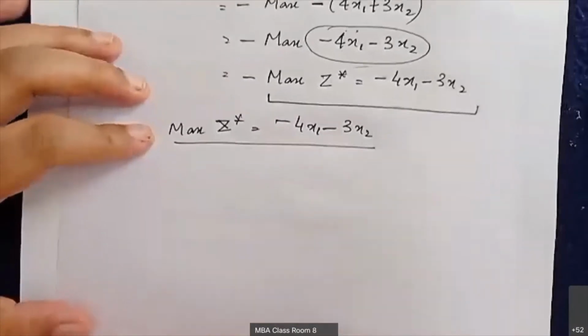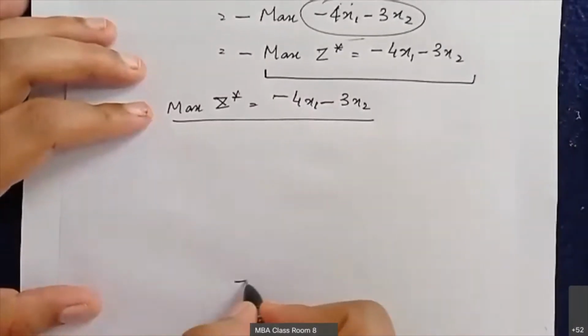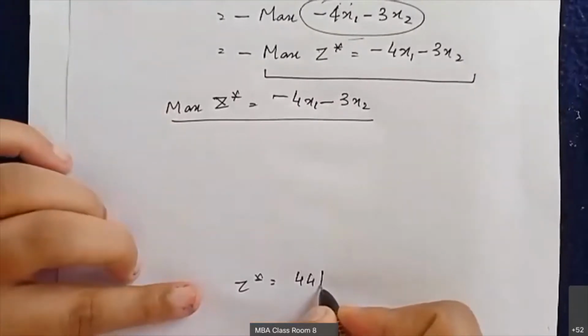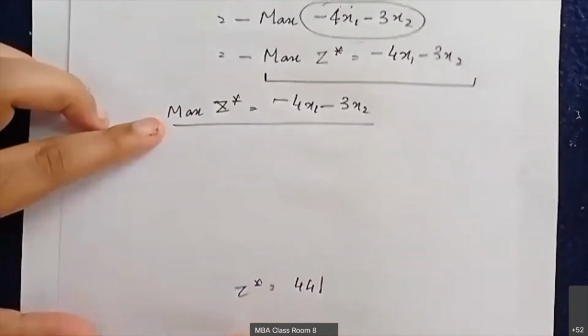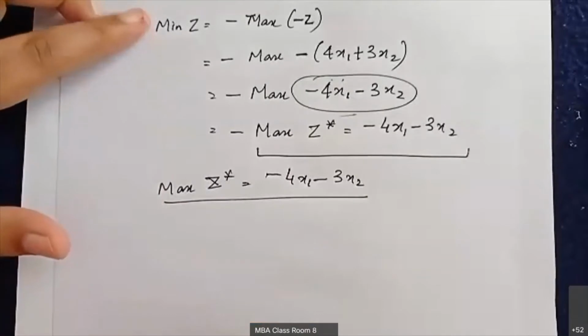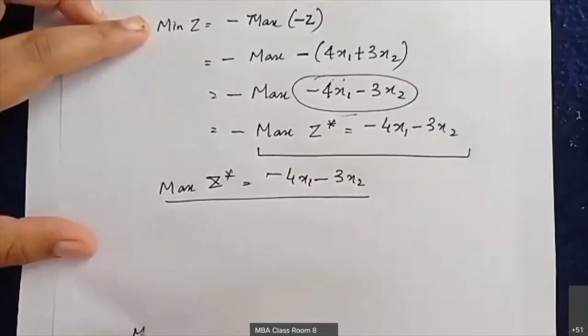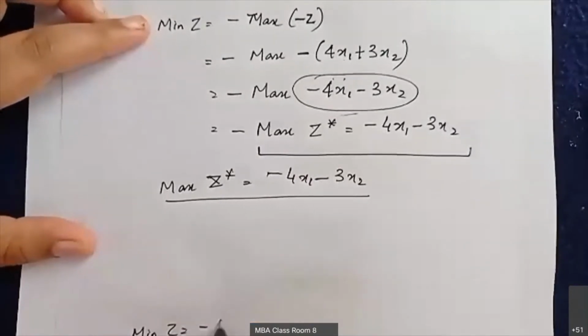At the end you will be getting one answer, right? Z star is equal to, for example, 441. If you get that, then you need to convert it back into the minimization problem. For that, what should you do? What was our equation? Our equation was minimize z is equal to minus of max of minus z.